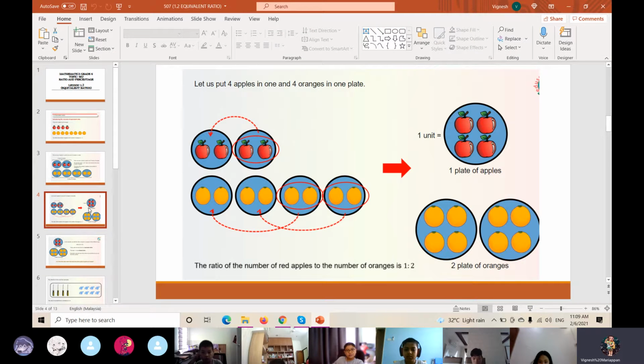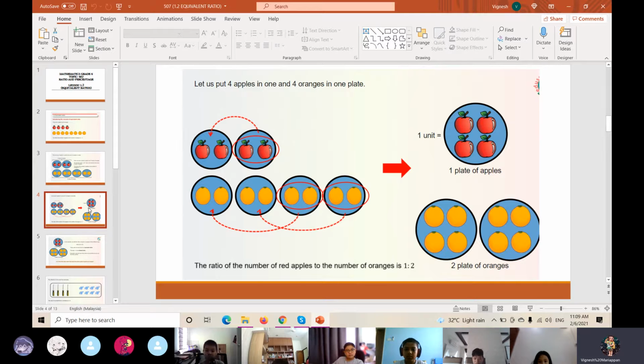So 2 plates, which means 2 units. So it's very simple. Usually I will explain everything in instructions. Let's say 4 apples is equals to 1 unit, or 2 apples is equals to 1 unit, so that you won't get confused with that.